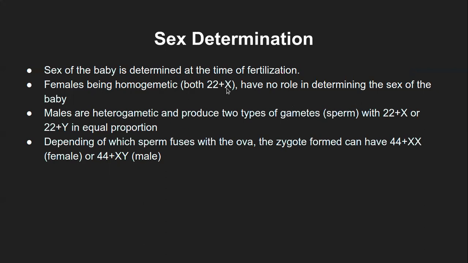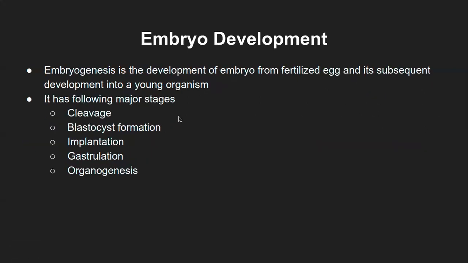If it is 22 plus X and 22 plus X of male, that will form 44 plus XX, that is a female child. And if Y is fusing, it will form 44 plus XY, that will be a male child. So that is just the sex determination process, and I'm sure you have studied this earlier also. So just to quickly go over it, we have seen this part as well now.